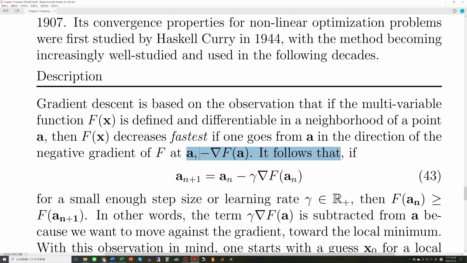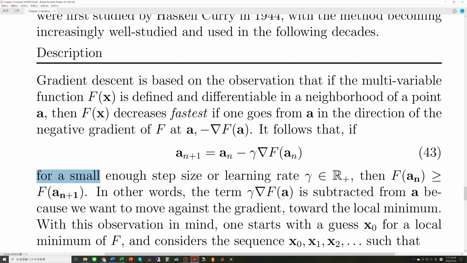It follows that if a_{n+1} is equal to a_n minus gamma times the gradient of f of a_n, for a small enough step size or learning rate gamma in R plus. What is R plus? R plus is the set which contains all positive real numbers. Then f of a_n is greater than or equal to f of a_{n+1}.